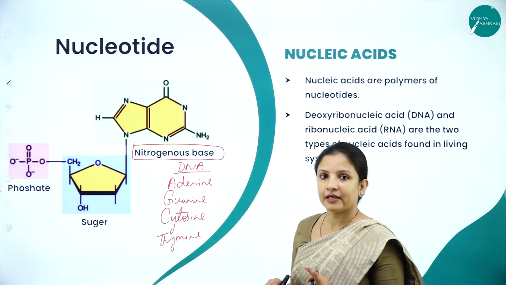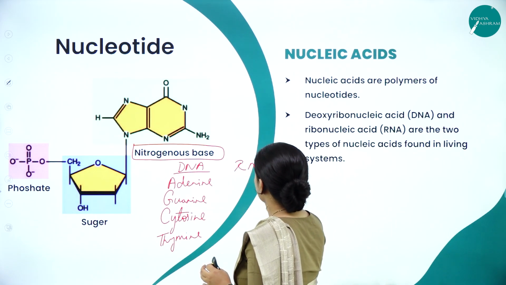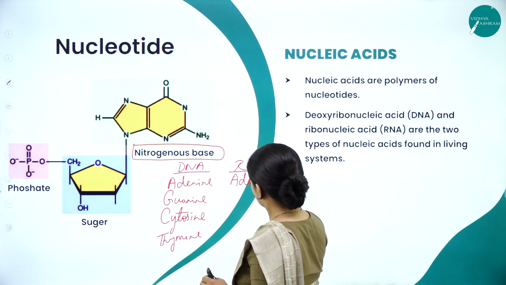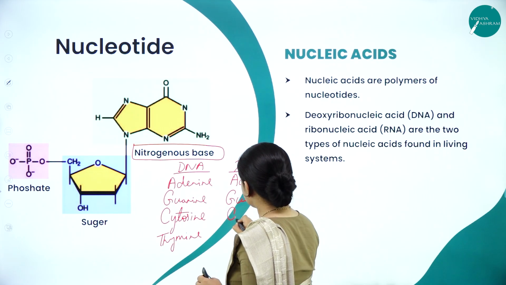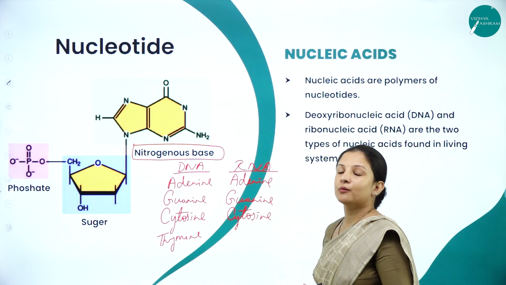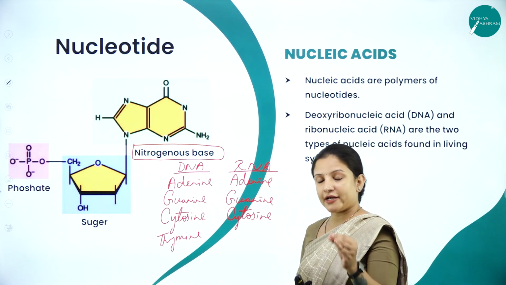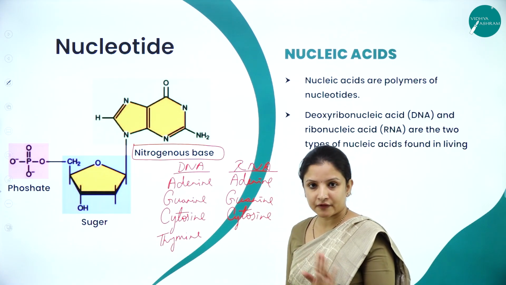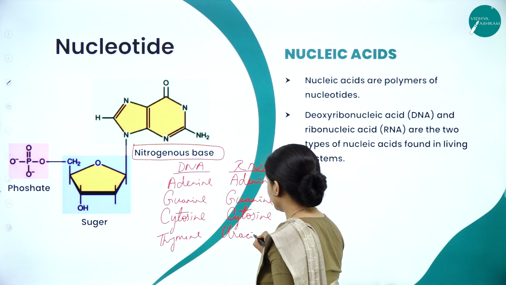And if the molecule is a RNA, then the nitrogenous bases will be adenine, guanine, cytosine, and will they have thymine? No. The main difference between a RNA and a DNA is that DNA has the nitrogenous base thymine, but in the case of RNA, they do not have thymine. Instead of thymine, they have the nitrogenous base called uracil.